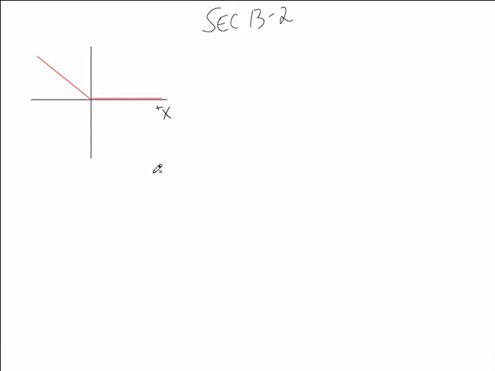When we describe this angle, we always start from the positive x-axis and we go counterclockwise until we hit that other side. That's how we measure an angle. We always start from the positive x-axis and go counterclockwise until we hit the other end of the angle.